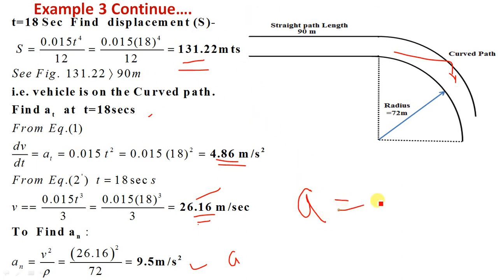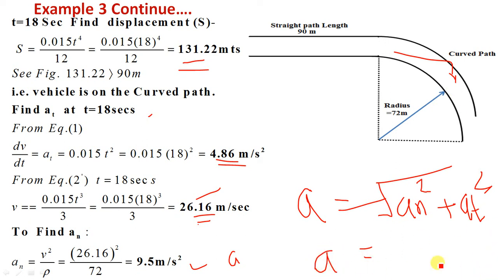A is equal to under root of a_n squared plus a_t squared. So a_n squared is nothing but 4.86 squared plus 9.5 squared, and under root of that answer, you will get the value of total acceleration A as 10.67.